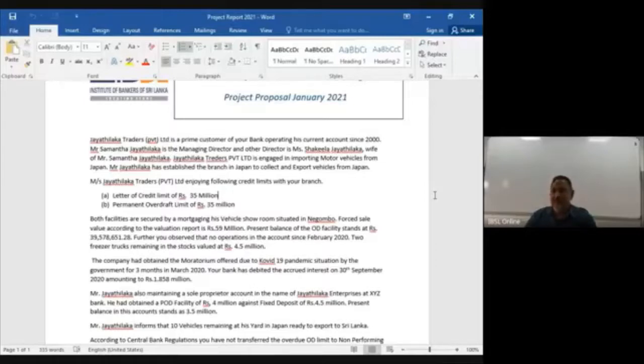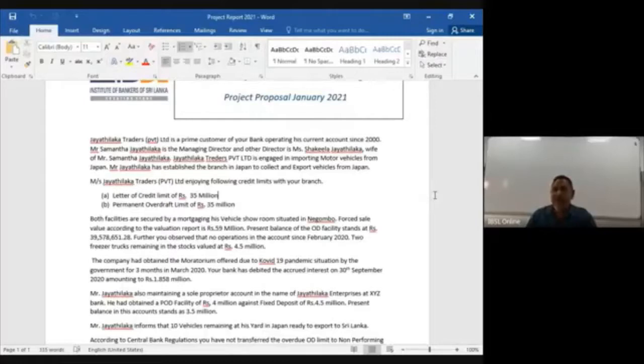He personally selects the vehicles in Japan and exports them to his own company in Sri Lanka, which does the trading part of it.